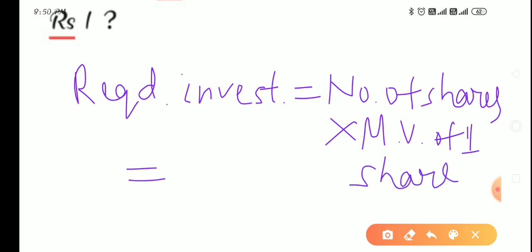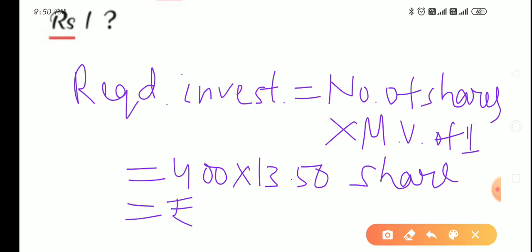So you apply this formula: number of shares 400, MV of 1 share you calculated 13.50, by multiplying you will get 5400. You will get the answer 5400. So like this you can solve the questions. So this is the final answer.